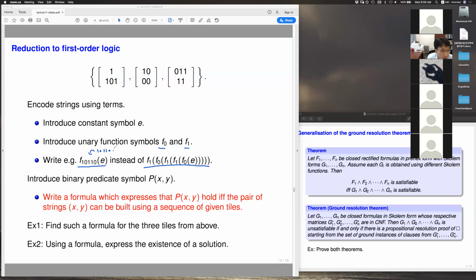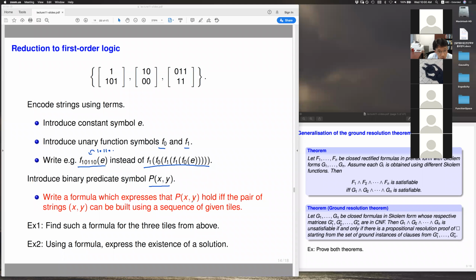And then we will also have one more predicate. Intuitively, what that predicate should express is that X and Y are related precisely when the string represented by X and the string represented by Y can be built by a sequence of given tiles.